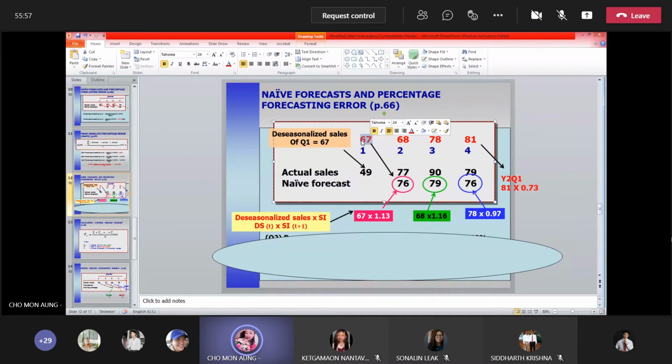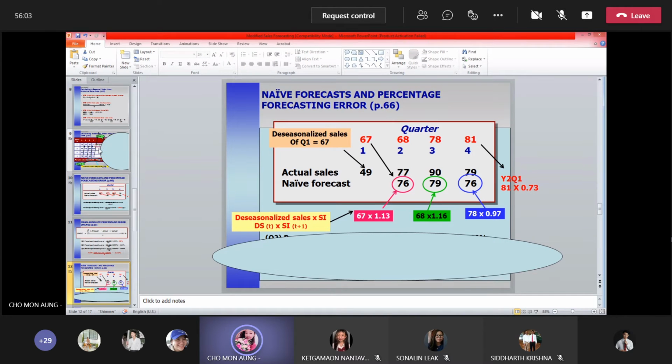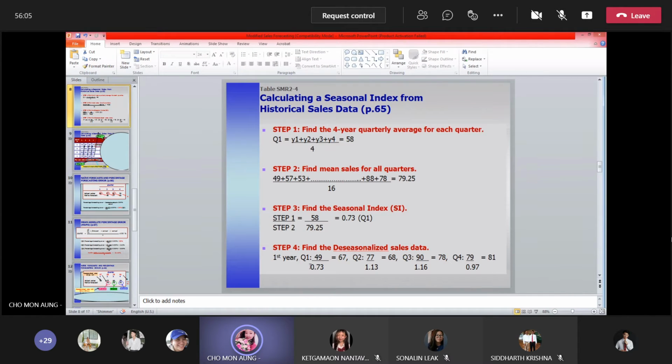Deseasonalized sales, that is for Q1. In step number 4, we consider just Q1, so we divide by the seasonal index of Q1. We adjusted that actual sales data to be deseasonalized sales data, using Q1 information.